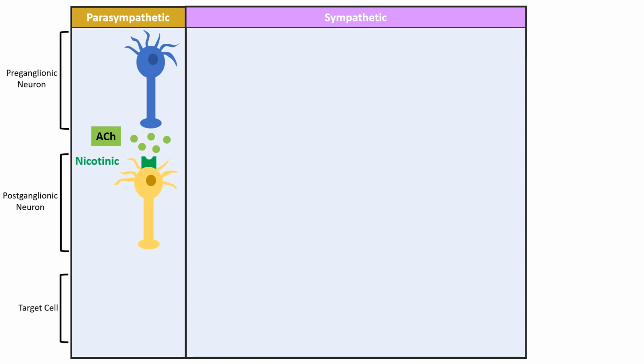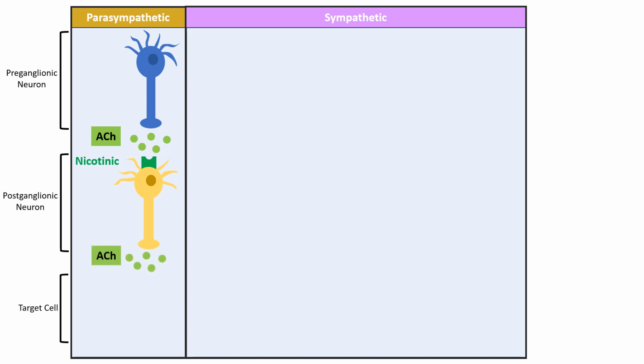So let's start off by looking at the preganglionic neuron in the parasympathetic division. What neurotransmitter does it release? Well, this always releases acetylcholine. And then the postganglionic neuron is always going to have a nicotinic receptor that will interact with that acetylcholine. Now, what about our second side of interest? Well, here the postganglionic neuron will be releasing acetylcholine too.